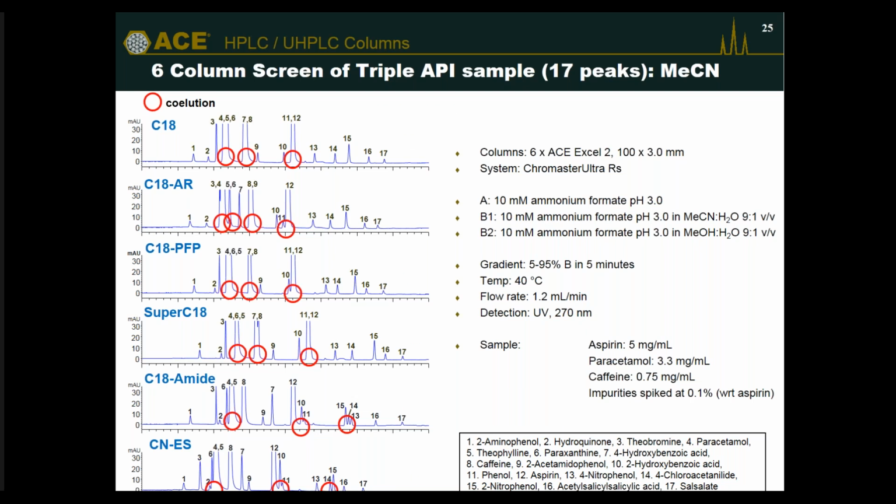Now, I forgot to mention, we can count up the number of peaks resolved using acetonitrile, and we can see the C18 amide, the 5th column down, has got 11 peaks potentially separated. So using acetonitrile, that's the best option that we would have to take forward.